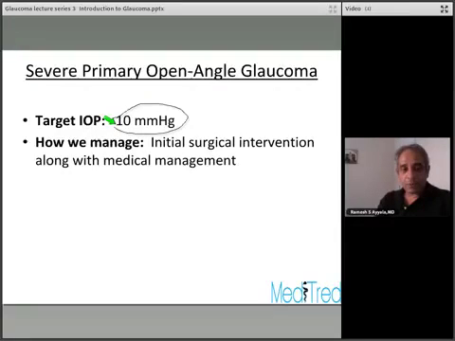What they're trying to tell you is that when a patient presents with advanced optic nerve damage, even a pressure of 16, which is normal for everyone with no glaucoma, is still abnormally high for that particular optic nerve. And so you've got to lower the pressure as low as possible. The lowest that we aim for is about 10, plus or minus 2. So that's what you need to aim for in these patients.